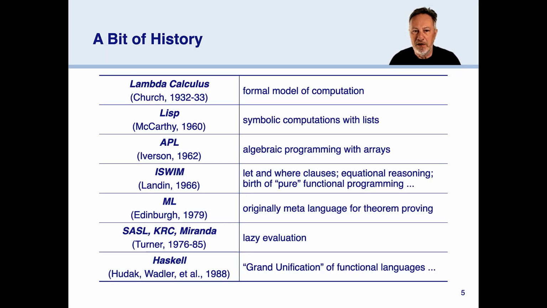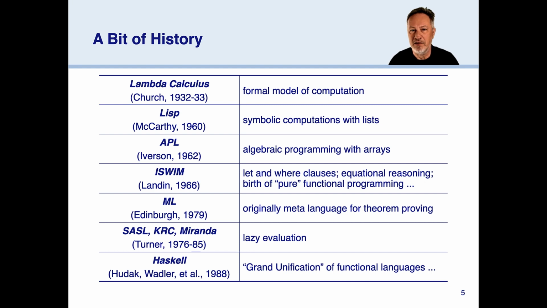First of all, a little bit of history. Before the very first computer was even designed, Alonzo Church introduced the lambda calculus in the early 1930s. This is a formal model of computation, just like Turing machines are a formal model of computation, but the lambda calculus is more language-oriented rather than computer-oriented.